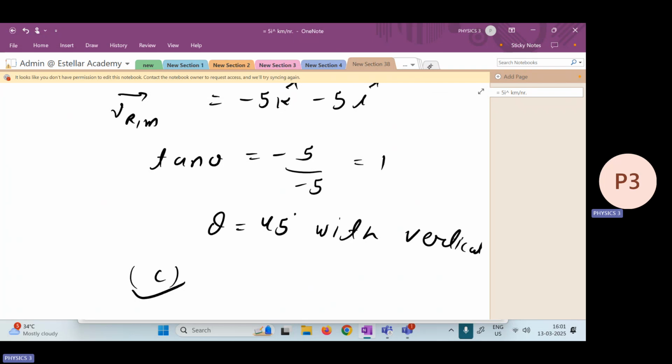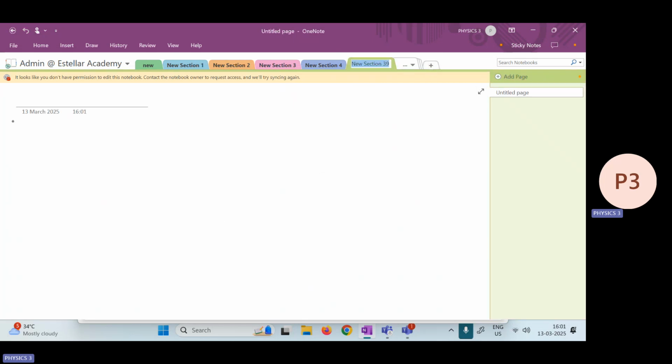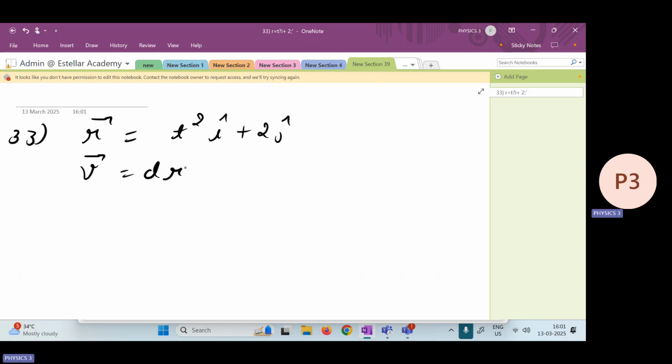Now let's go for the next question. We are given that the displacement r of a particle in the xy plane varies with time t as r is equal to t square i cap plus 2 j cap meter. We have to find the velocity of the particle at t equal to 1 second. So velocity we know is v equal to dr by dt.